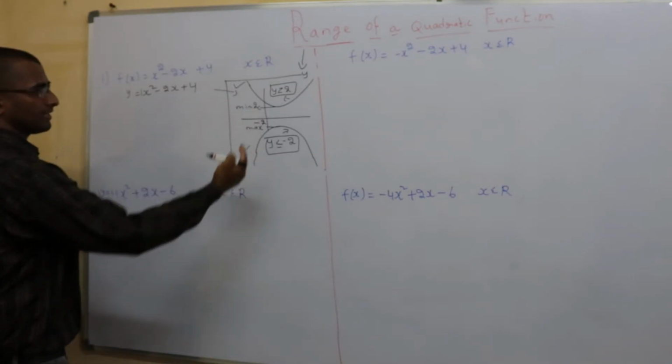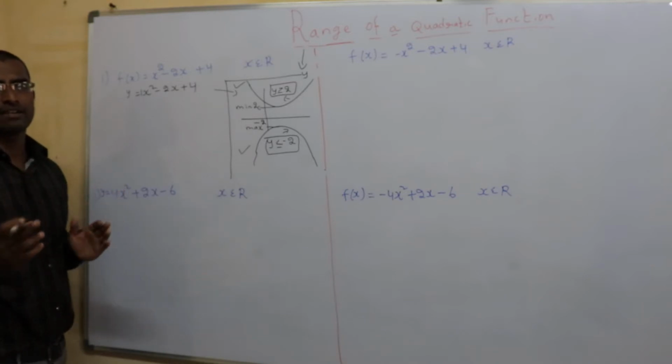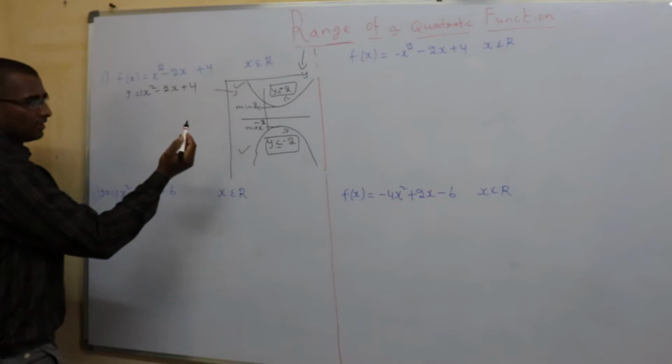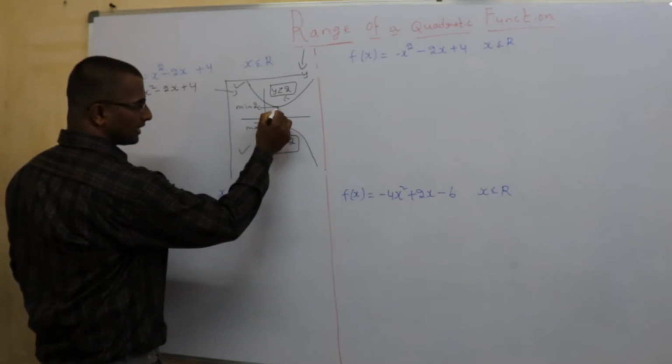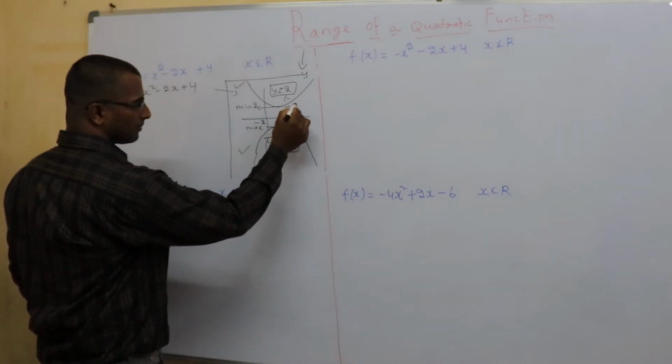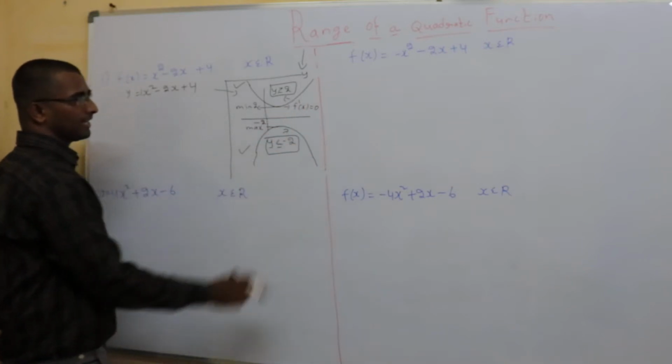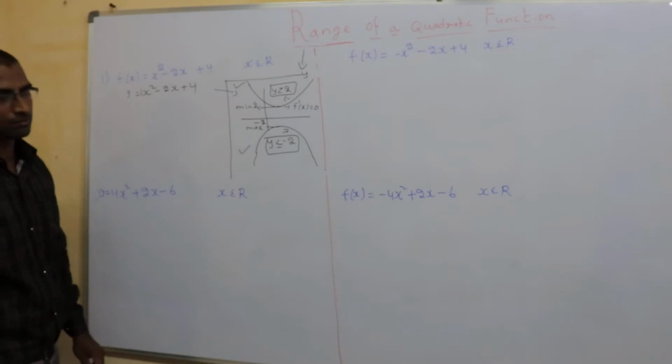Now how do I get this? We will be drawing a rough graph. Understand it clearly. In differentiation, I told you this is the turning point or stationary point. So to get this point, I need to make f dash x equal to 0.